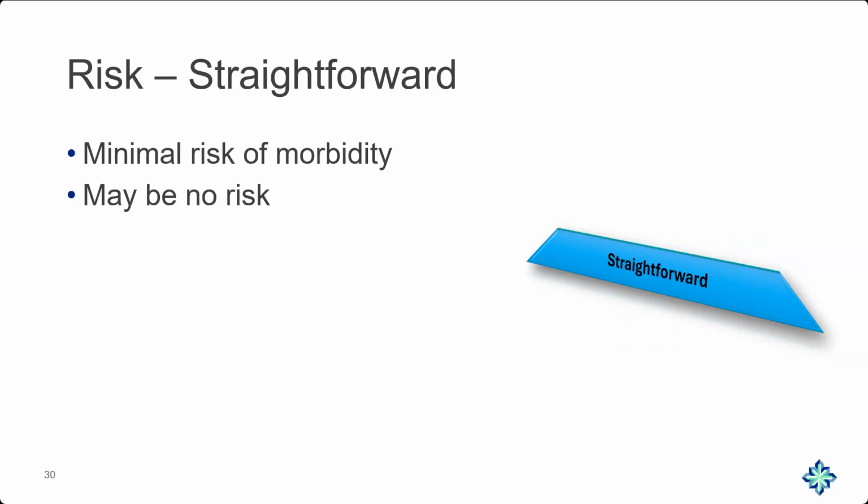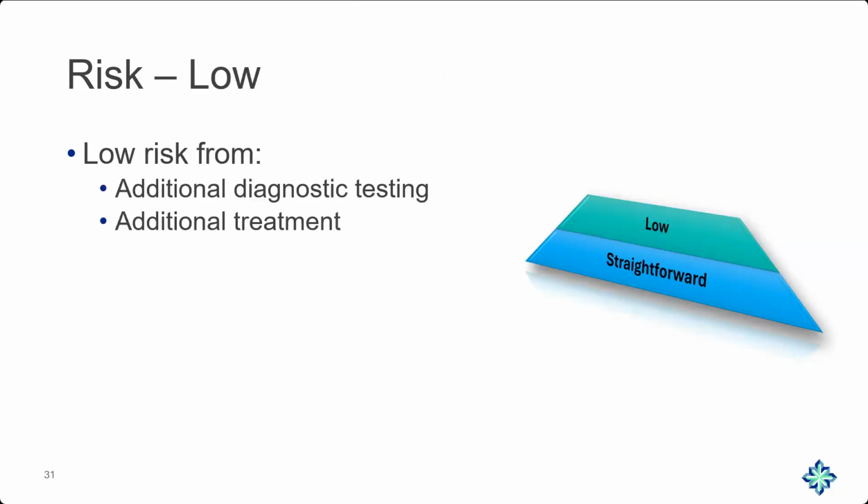That's going to be an example of a straightforward, low risk type situation. The next one is going to be low. Now, here it's going to pose a little bit more risk to the patient. It could be that there's additional diagnostic testing that poses some risk. Maybe there's additional treatment. But again, you're looking at that patient situation to see what that risk looks like for them.